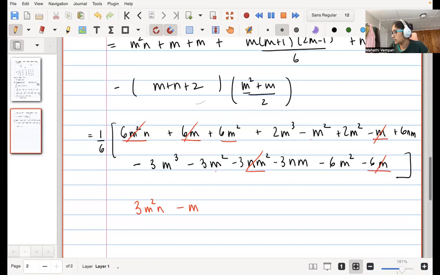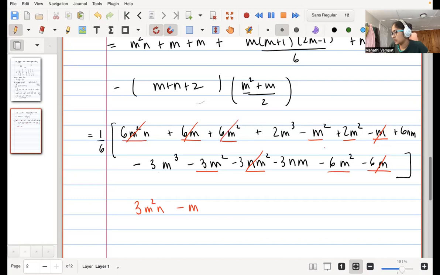6m square, 5m square, 5m square, 7m square, 4m square, 6m square.